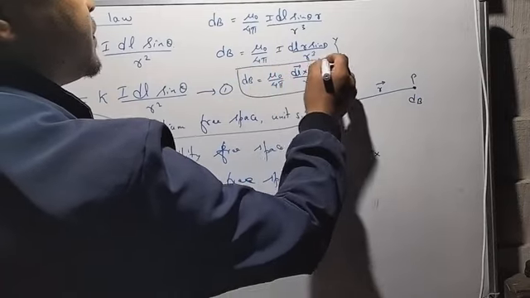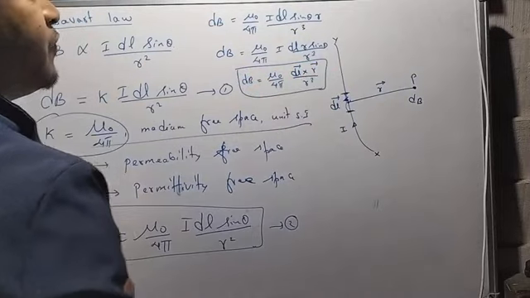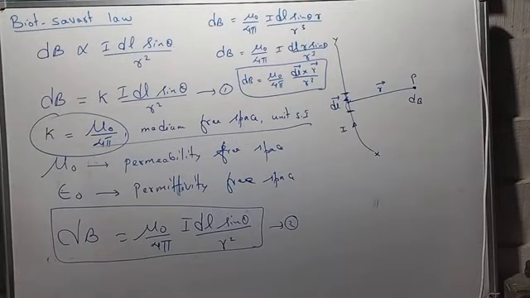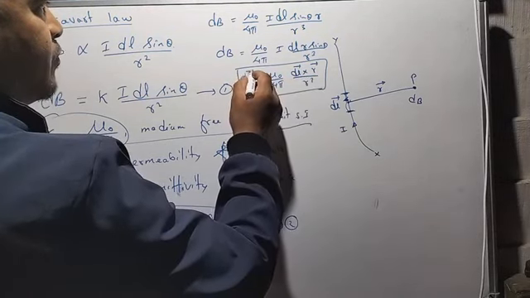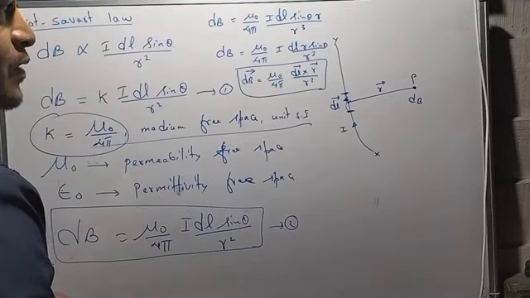Please remember, this is the vector form of the magnetic field at a point P due to a small current element. Since it is a vector, I have to put an arrow on top of dB.